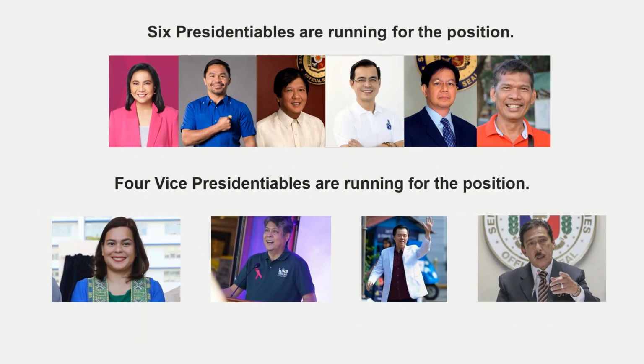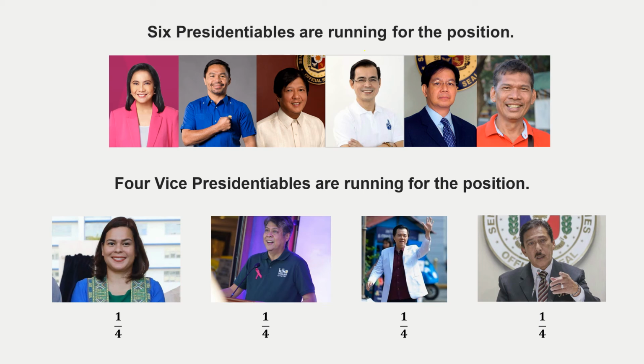Suppose they are the only candidates for vice president. Their chances of winning are 1/4, because there are 4 of them competing and only one can be chosen. There is a 1/4 chance that Sara will win, or Kiko, or Willie Ong, and the same with Tito Soto.